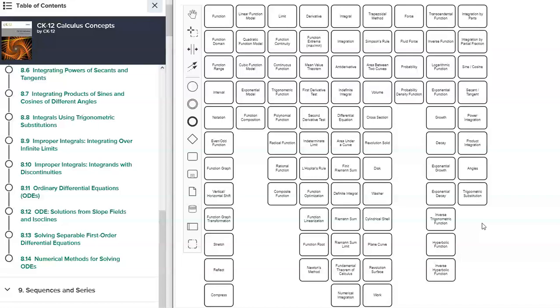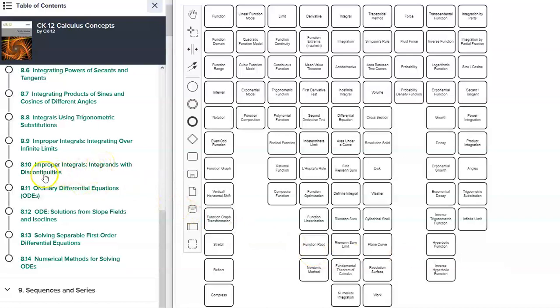Don't just sit back and watch and not use this as an exercise tool. So like this next one, infinite limit. You can integrate over an infinite limit. So when I say infinite limit, you say great, infinite limit.